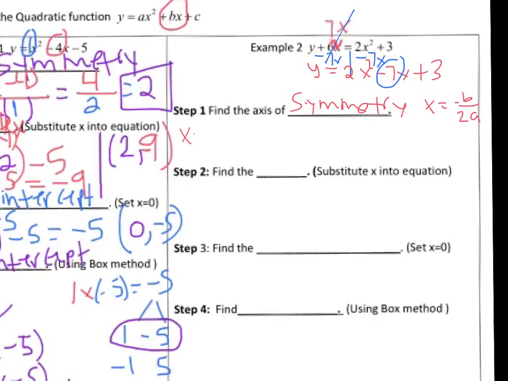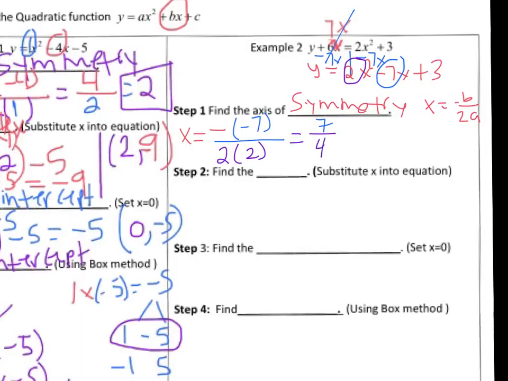So x is equal to negative negative 7 over, our a is positive 2, so 2 times a positive 2. If you simplify that, you'll get a positive 7 over a positive 4.